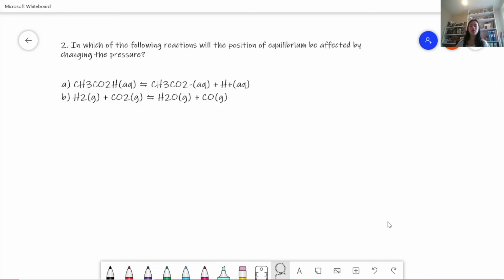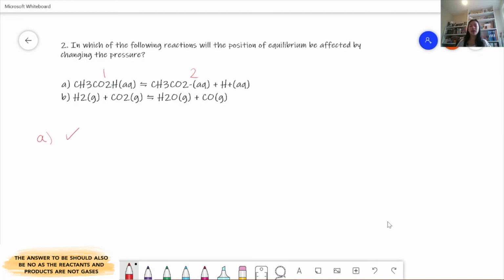And second of all, it only affects the position of equilibrium if there are a different number of moles of gas on each side of the equation. And so we can see that A has 2 moles of gases on the right and 1 mole of gas on the left. So that means that for A, yes, the equilibrium will be affected by a change in the pressure because there are a different number of moles on each side of the equation.